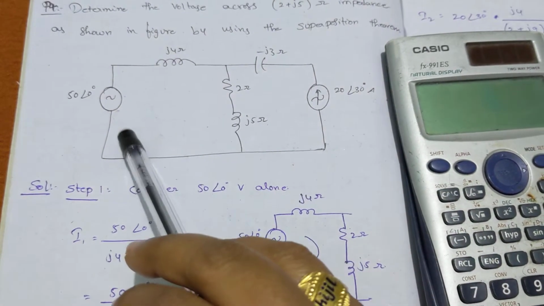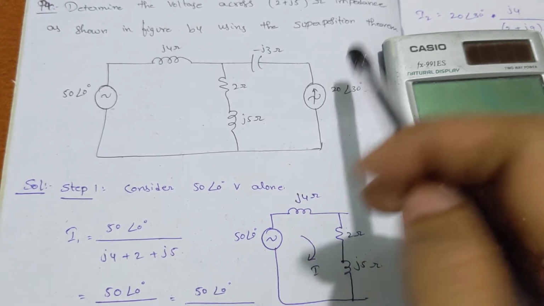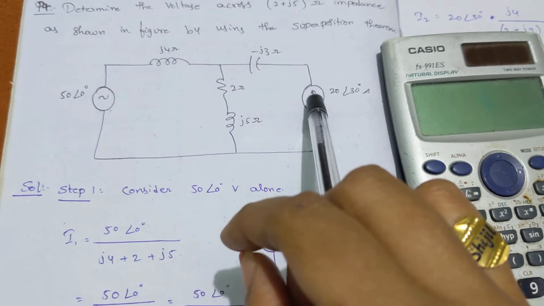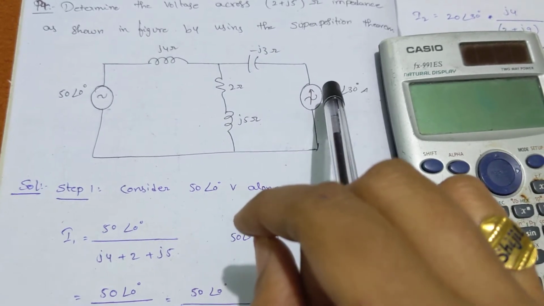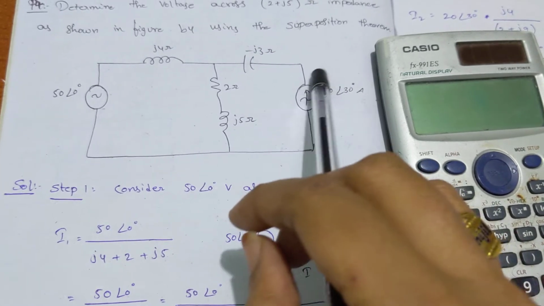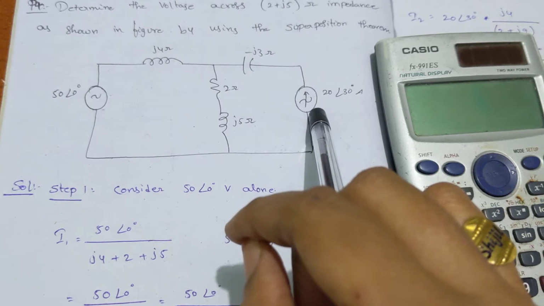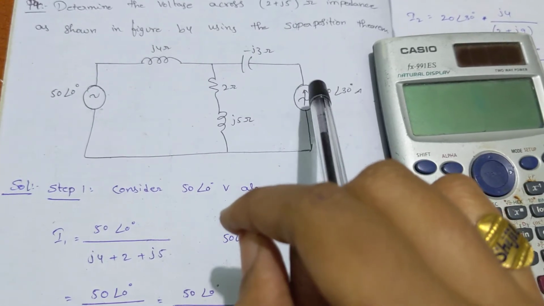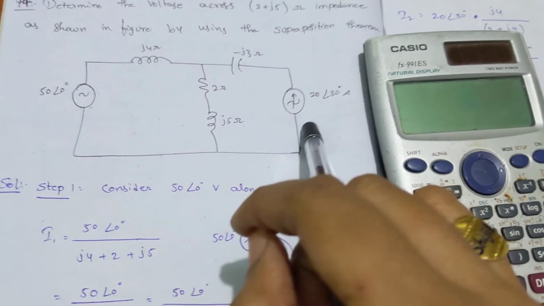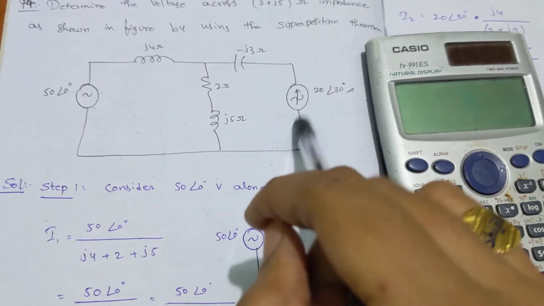When you consider the voltage source alone, the current source is reduced to 0, so the current source acts like an open circuit. When it is an open circuit, no current is flowing through this terminal or this branch.